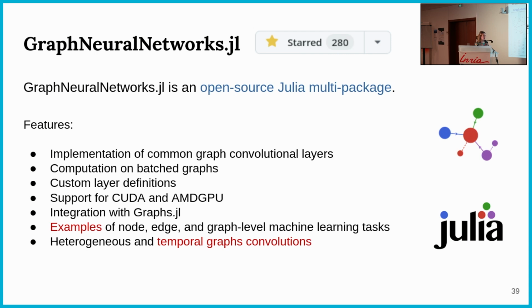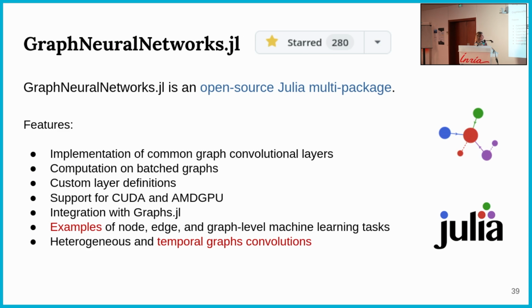And now I'm a maintainer of the GraphNeuralNetworks.jl package, which is an open source Julia package that can be used to build and train graph neural networks. It has several features, such as the implementation of common graph convolutional layers. Then the user can customize their own layer.